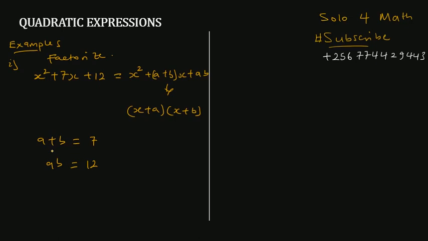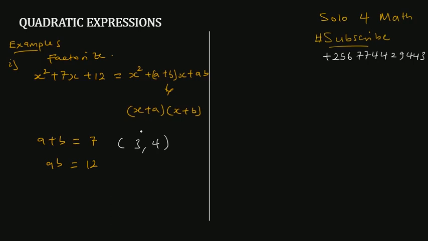So which two numbers multiply to give us 12, and when we add them, they give us 7? Those numbers are 3 and 4. When you add 3 plus 4, it's 7. When you multiply 3 times 4, you get 12.